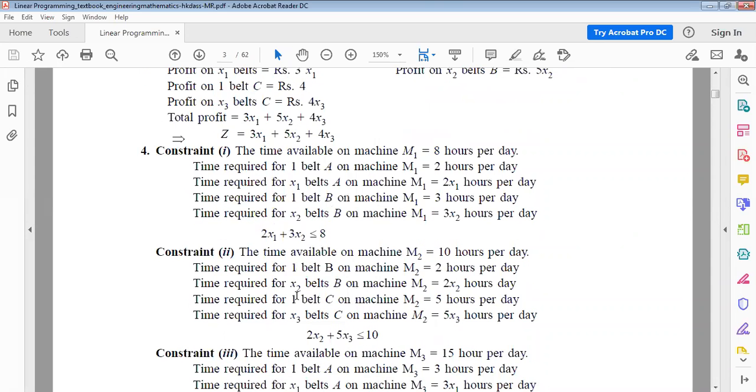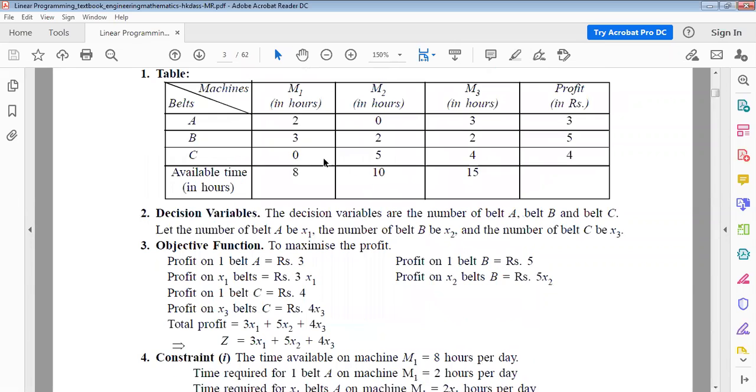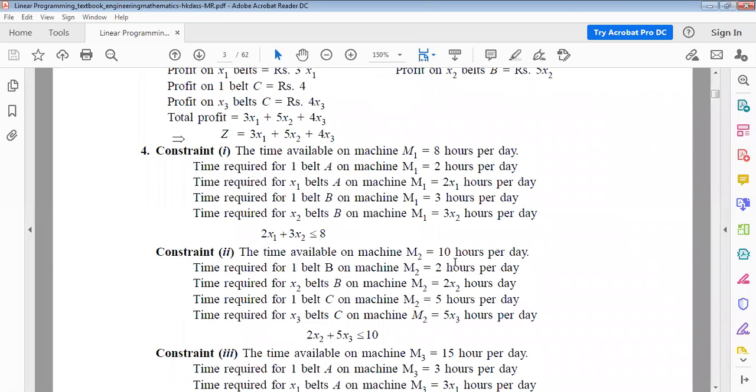So the total time 2x1 + 3x2 cannot exceed 8 hours, because a total of 8 hours is available in machine M1. Understand? Similarly, for the second machine M2, the total hours available are 10 hours. One belt of B in machine M2 takes 2 hours, so x2 belts of B take 2x2 hours per day.